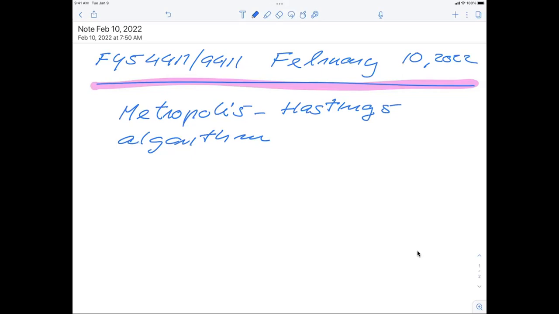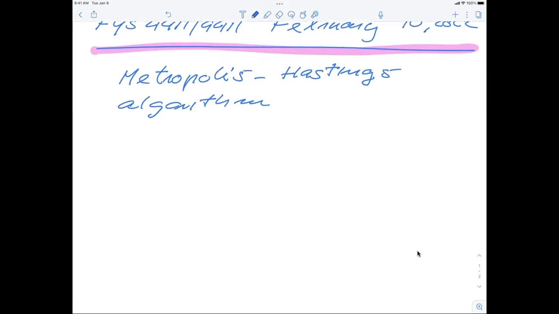So the Metropolis-Hastings algorithm was based on what we called detailed balance from a Markov chain. I quickly remind you of some of these topics from a Markov chain.